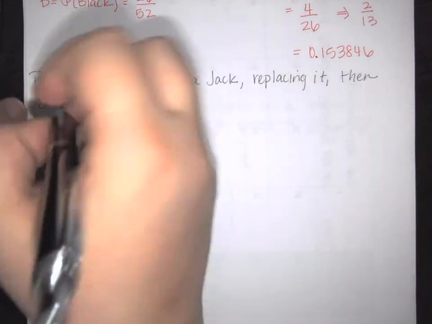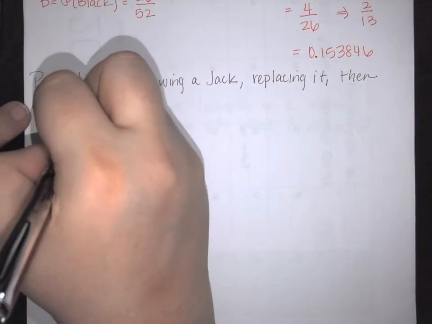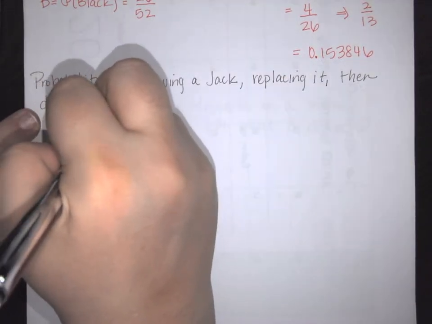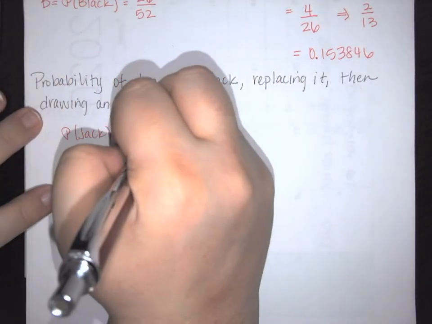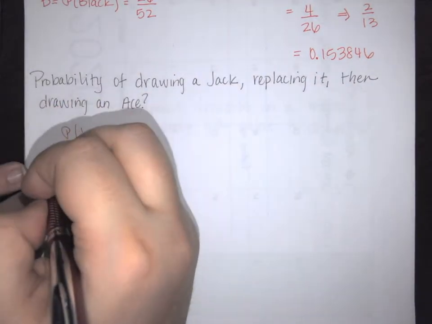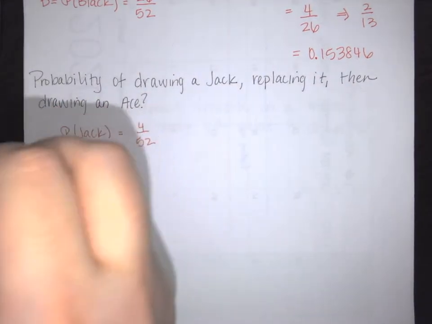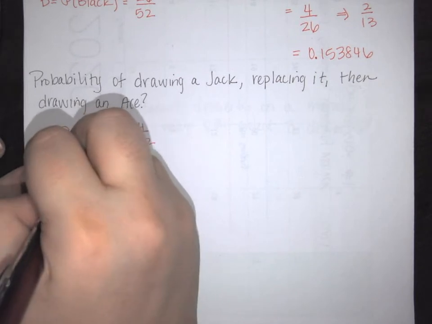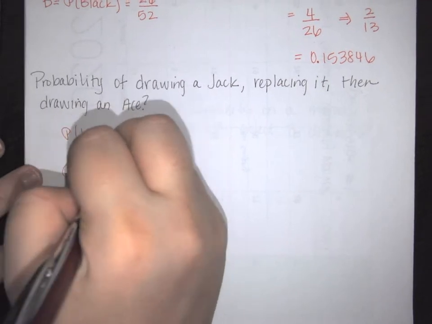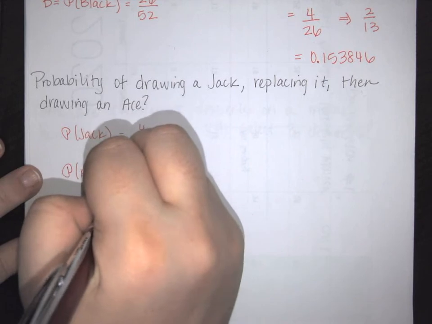So in this case, I need to look at the probability of drawing my jack, which is going to be 4 out of 52. And then I need to look at the probability of drawing an ace, which again is 4 out of 52.